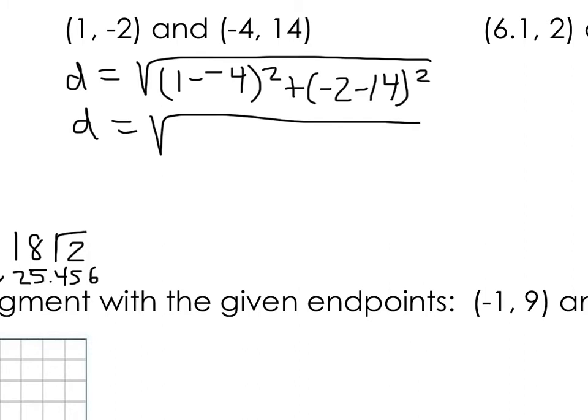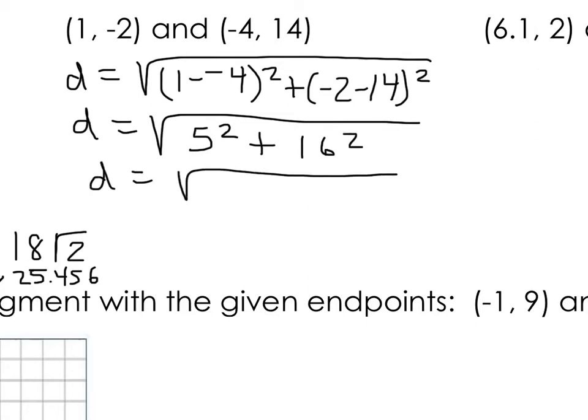The square root of 5 squared plus 16 squared. 25 plus 16 squared, 256. 25 plus 256, 281.